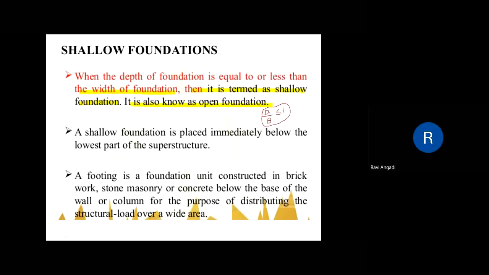If the depth of the foundation is equal to or less than the width, the footing is called a shallow foundation, also called an open foundation. A shallow foundation is placed immediately below the lowest part of the superstructure.